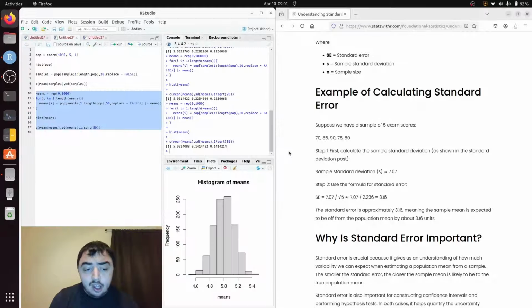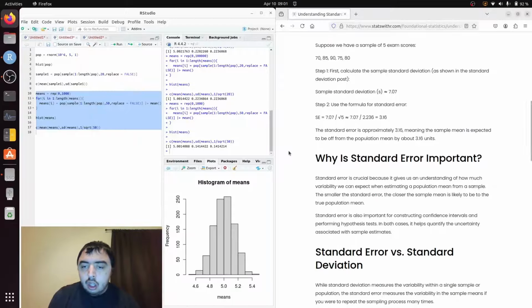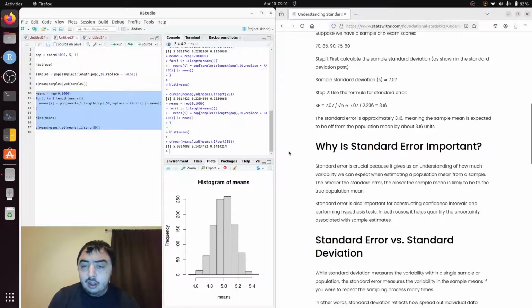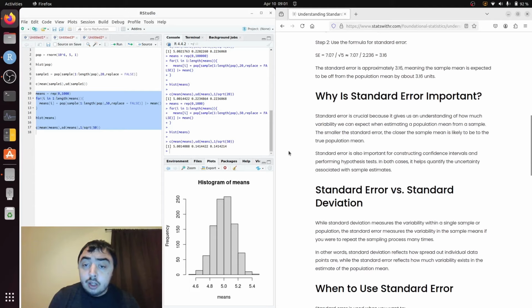Okay, so I'm going to try to wrap up. So standard error gives us an idea of the variability we'd expect from estimating a population mean, not in the sample. Standard deviation is talking about the spread of the data in the sample.